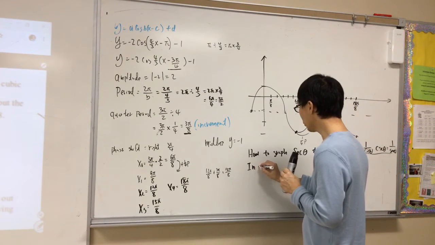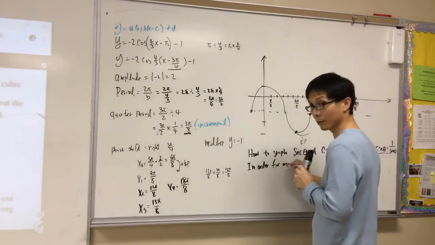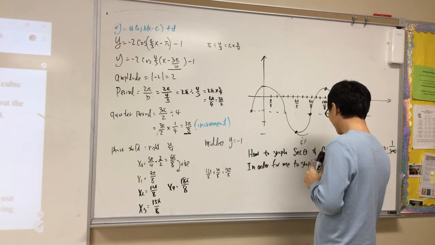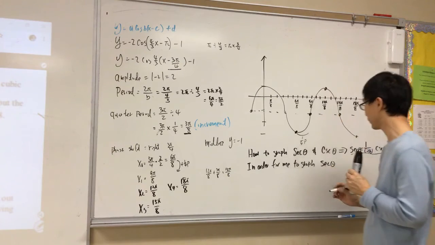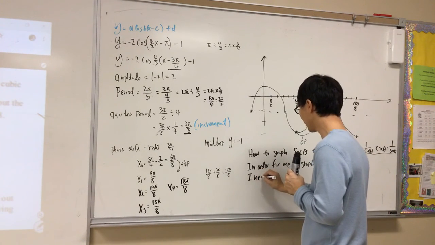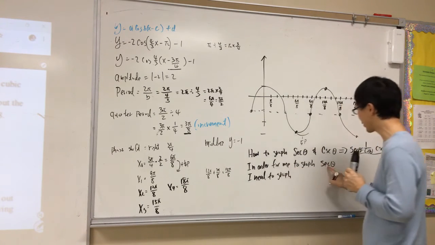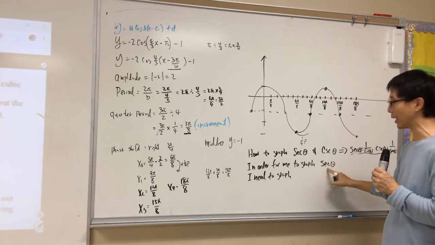In order for me to graph secant of theta, I need to graph the reciprocal function of this, which is the cosine graph.